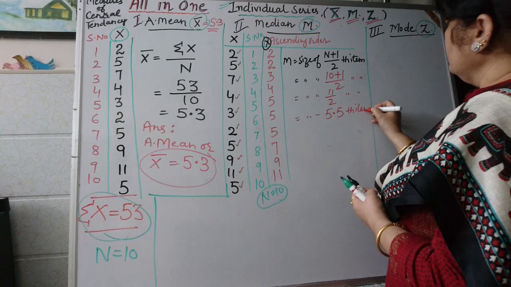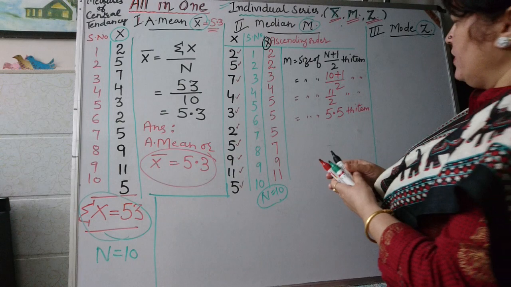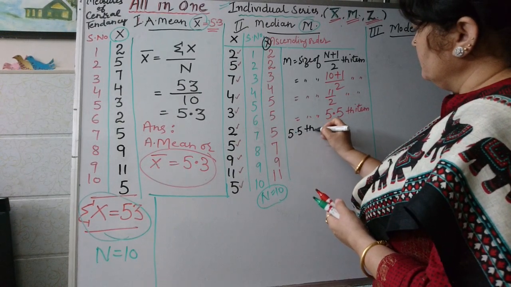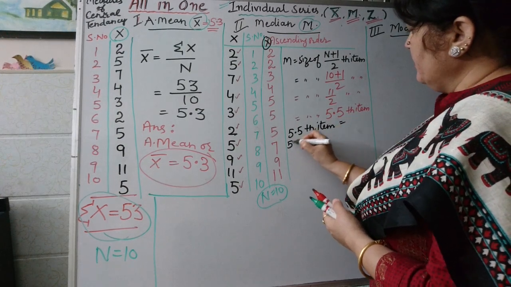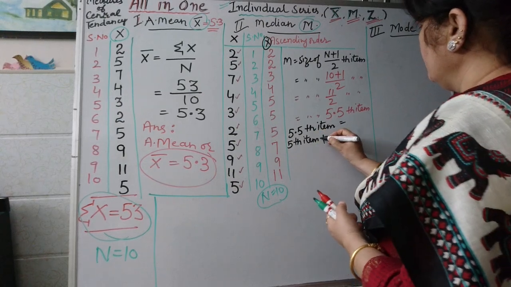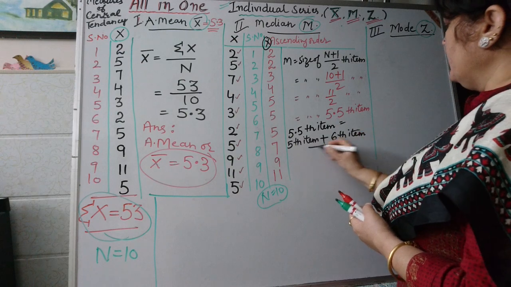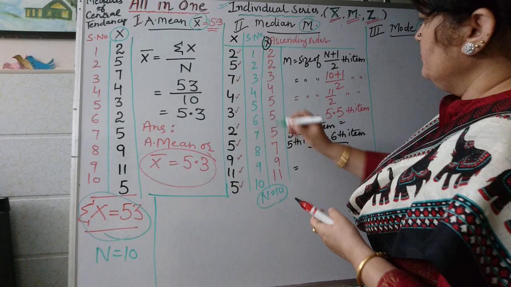So median will lie in between the 5th and 6th item. So 5.5th item is equal to 5th item plus 6th item divided by 2. What is the 5th item?